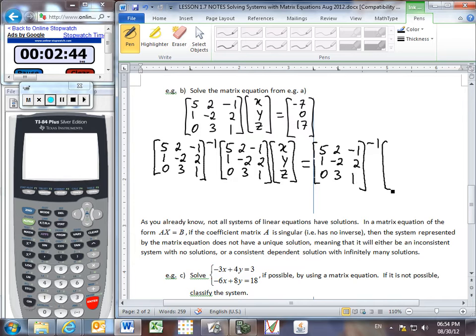And this is multiplying my matrix B, -7, 0, 17. Now what do you get when you multiply A inverse by A? You should know that we end up getting the identity matrix, because they're inverses of each other.